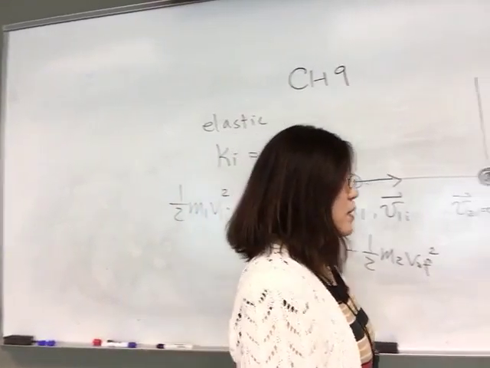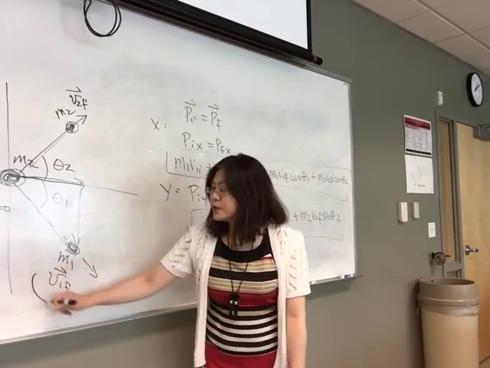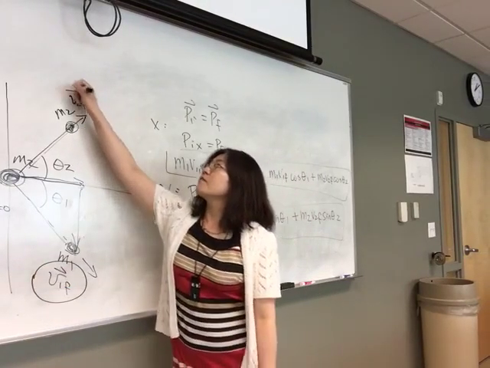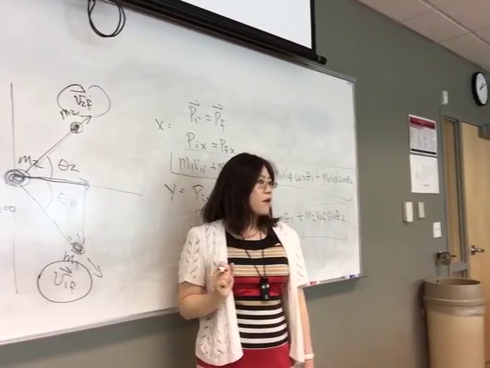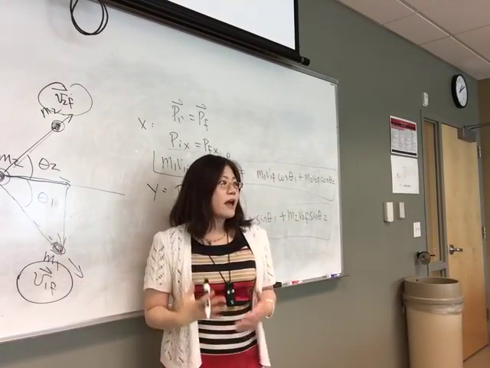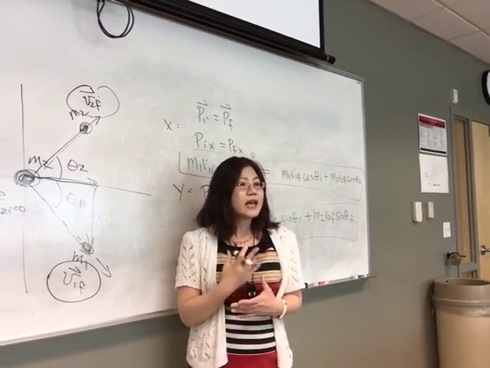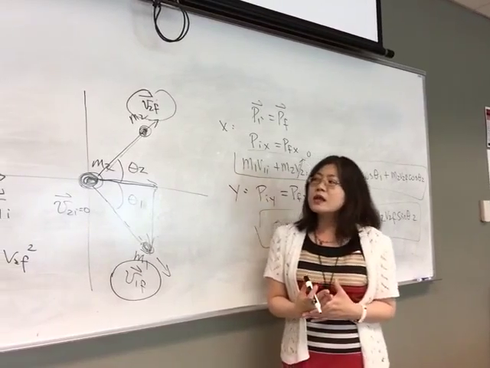You can see that when I calculate the energy, I'm using v1f and v2f. I did not use v1f cosine theta. I did not use v1f sine theta. You do not have to resolve this vector when you calculate energy because energy is a scalar. You do not treat it as a vector.